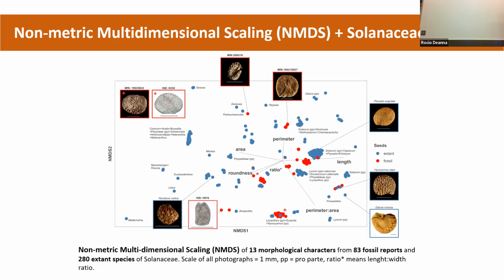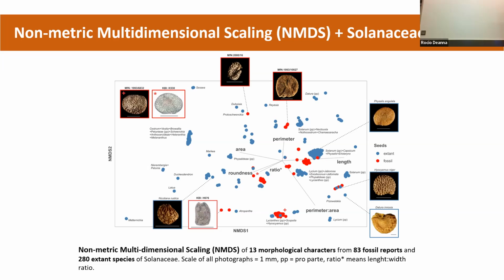As you can see here, this is the analysis of the morphological characters, 13 in total. In red, you can see the fossils, and in blue, the extant taxa. And this was very surprising, in the way that, for example, some fossils that were described as a single species were different species.